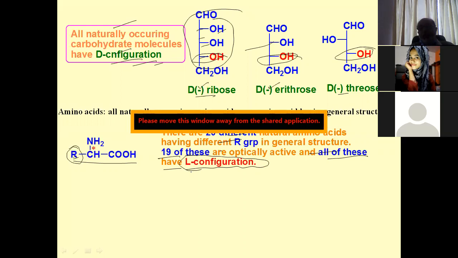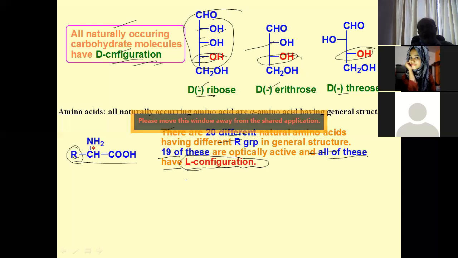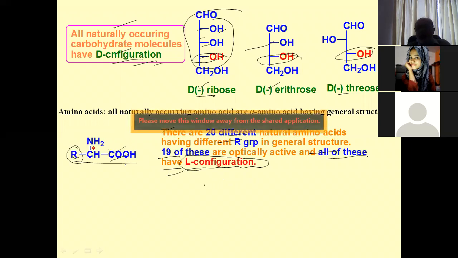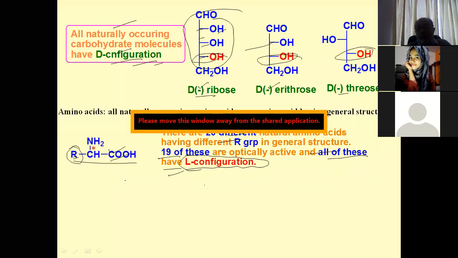occurring. So nature is stereospecific and stereoselective. Nature doesn't go any way it likes. Nature has a definite path, and when nature synthesized this molecule, it was an evolutionary process. It was decided to have L configuration. The sun rises in the east, sets in the west. Nature has decided to be like that.